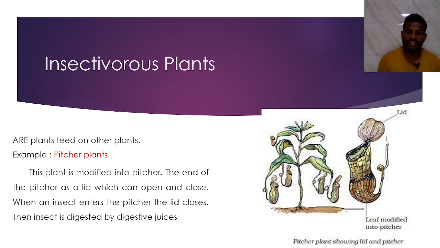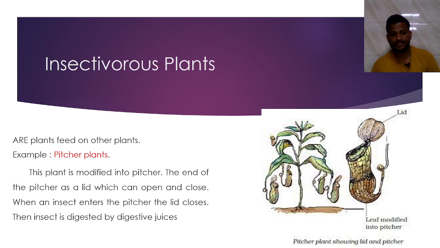In the details we see that the leaf is modified into the pitcher. The end of the pitcher has a lid which can open and close. In the figure we can see a lid which is able to close and open. When the insect sits in the pitcher, the lid is slowly closed.